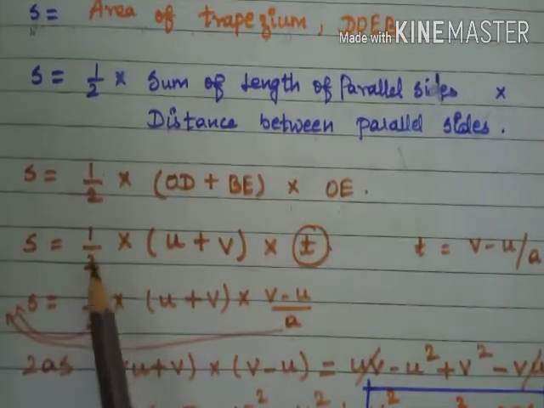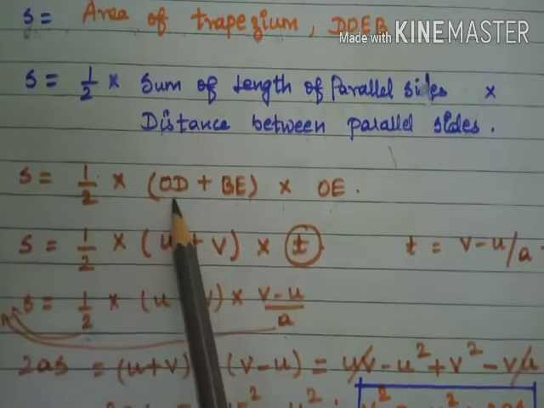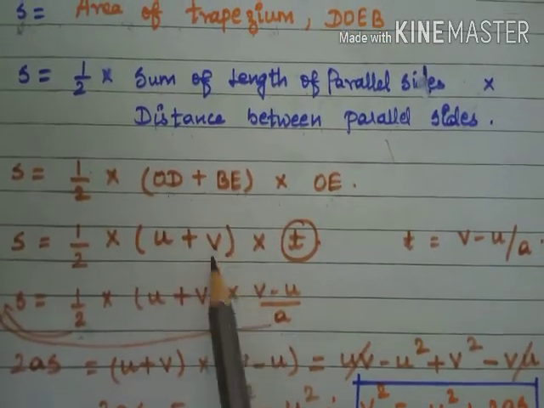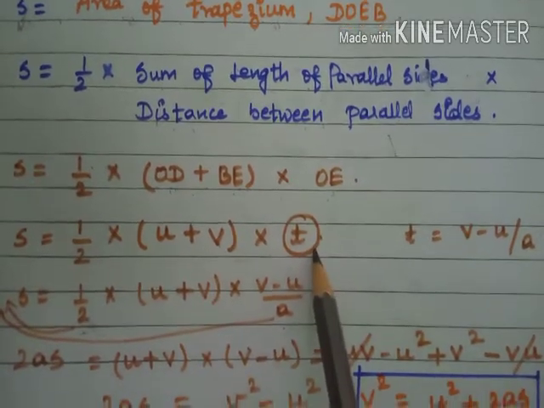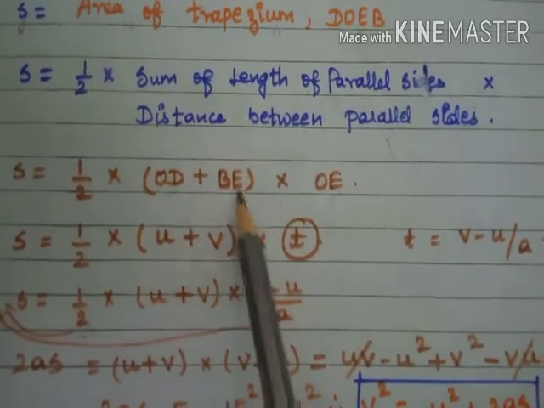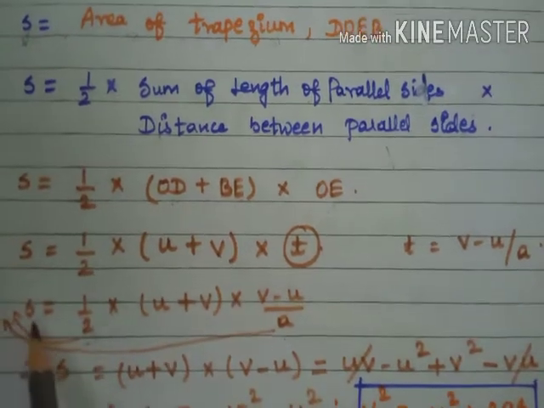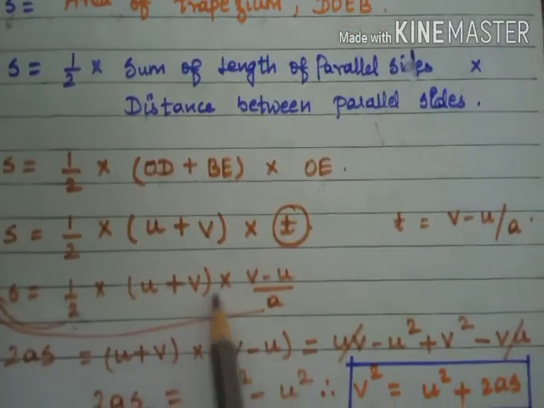Now half into, we have OD is equal to U and BE is equal to V, into OE which is T. Now S is equal to half into U plus V into T.